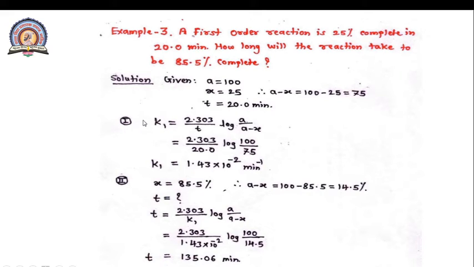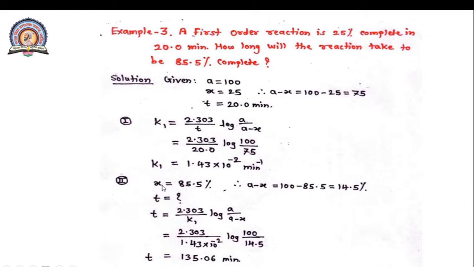First part: find k1. k1 = 2.303 / t × log a/(a - x) = 2.303 / 20.0 × log (100/75). Solving this, the value obtained is k1 = 1.43 × 10^-2 per minute. This is the unit of k1.